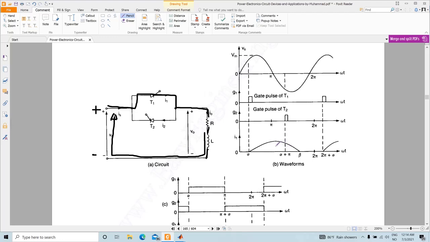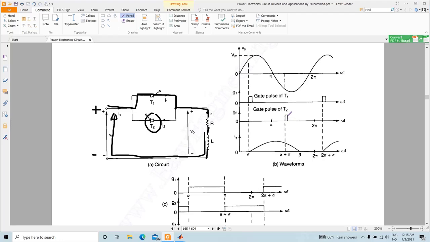Okay, so unlike in the resistive circuits where your gate pulse can be a very short duration pulse, in the case of an inductive load this cannot be a short duration pulse. If your current is still conducting and you have a short duration pulse, it may happen that once the current in thyristor T1 comes to 0, at that time the short duration pulse has gone down, so the thyristor T2 will not be triggered.